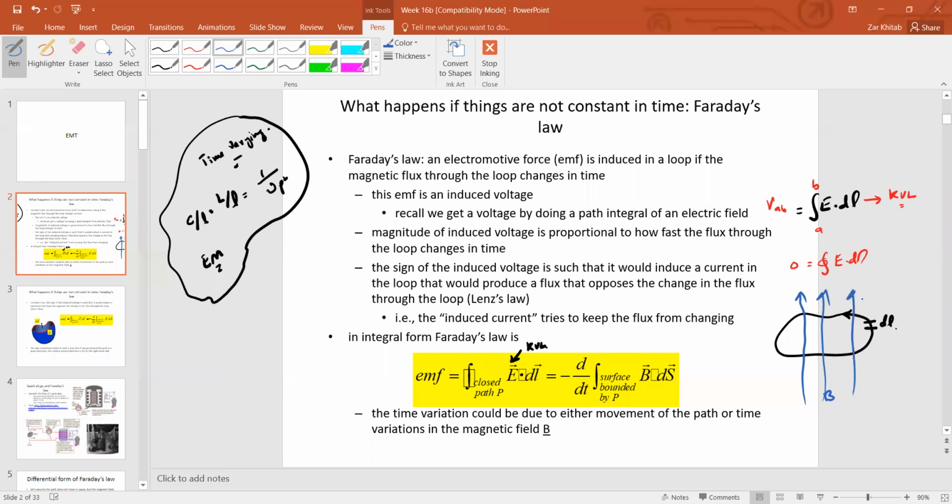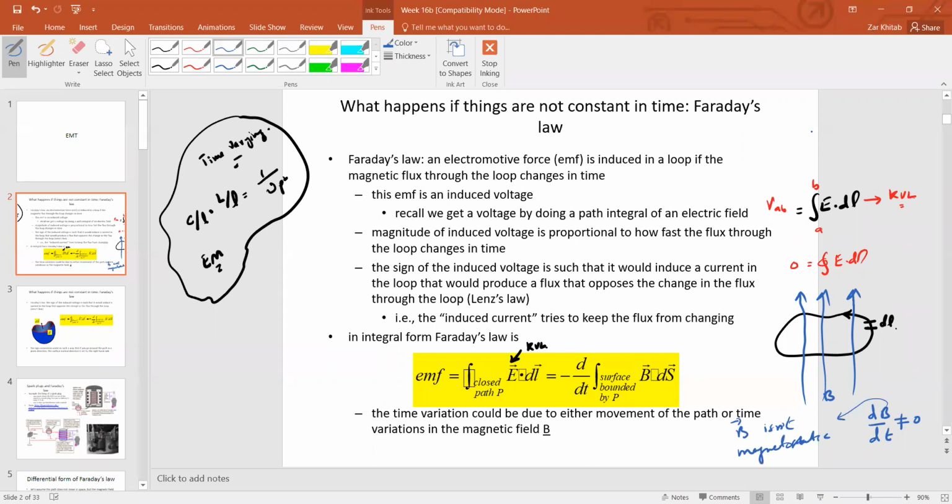Say that the magnetic field B is not constant, it is not magnetostatic, it is a time varying magnetic field. So the derivative of this magnetic field with respect to time is not zero, meaning that B is not magnetostatic. That means B is varying in time.